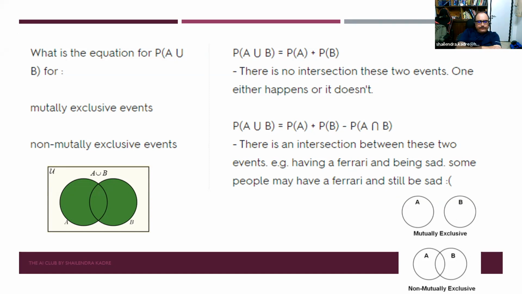You will have this portion two times. The intersection portion will be counted by A also and by B also, right? So if you want A union B, you have to minus one. This intersection repeats 2 times, so you have to subtract it once. So the simple formula: P(A union B) is equal to PA plus PB minus P(A intersection B).